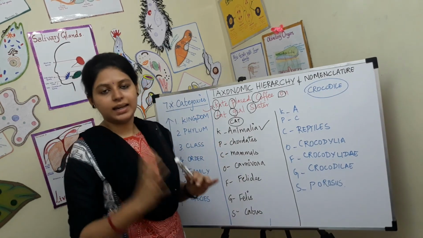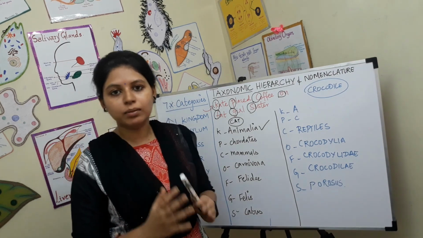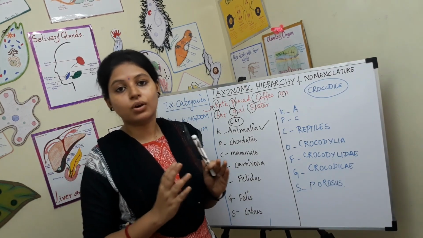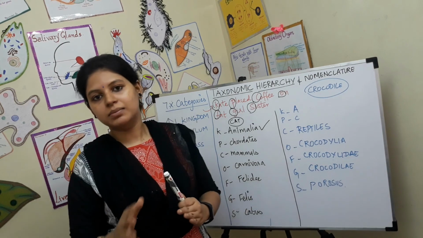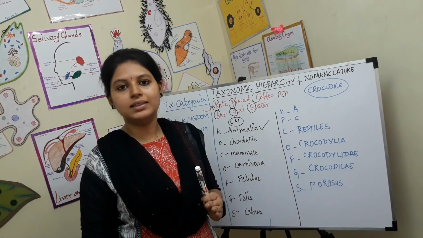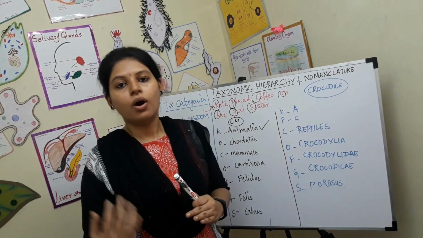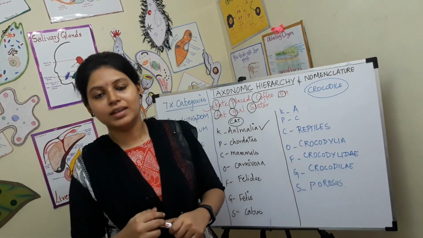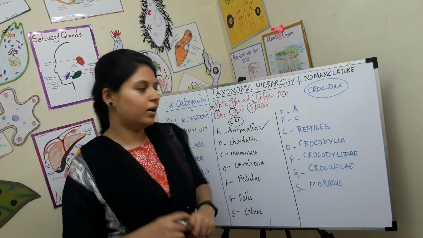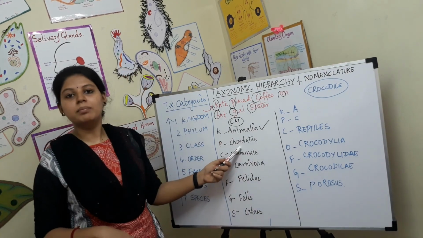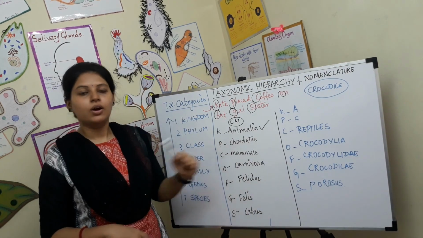Any animal that has a backbone is called a chordate, and animals that do not have a backbone, for example earthworms, are called invertebrates or non-chordates. So the cat has a backbone and is placed in chordates.